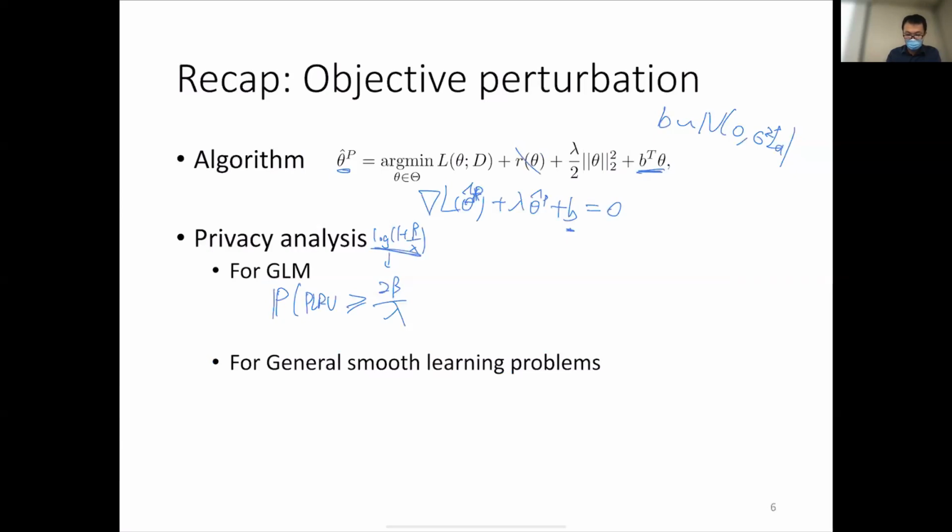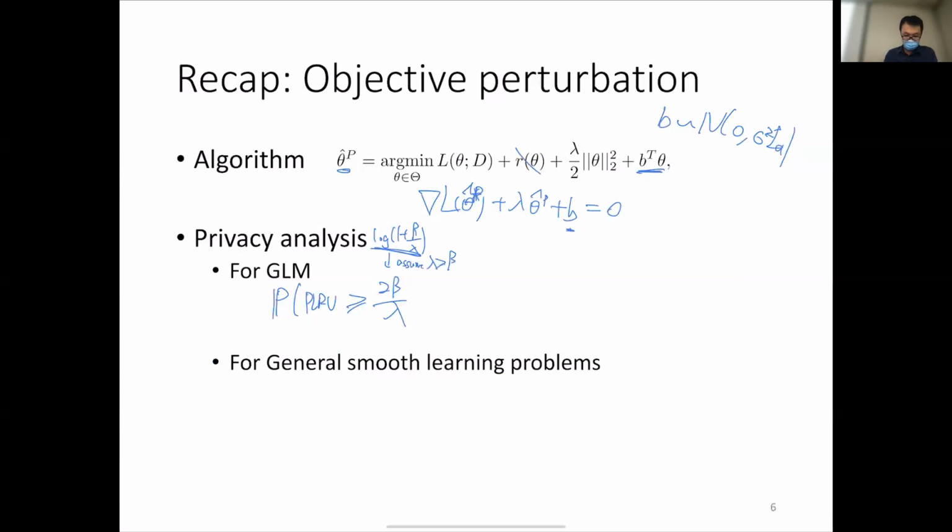Under the assumption that lambda is much larger than beta, we get that this log term is proportional to log 1 plus x, and it's proportional to x. I'm adding this factor of 2 in front just to signify this. So assume lambda is larger than beta.